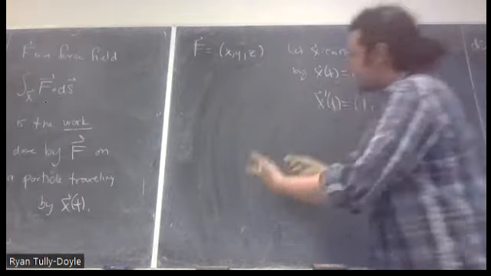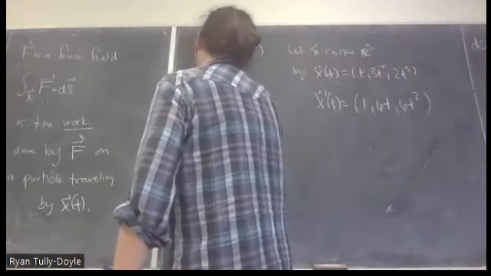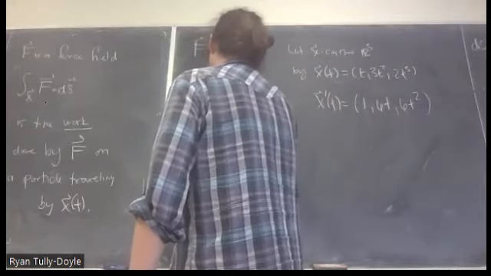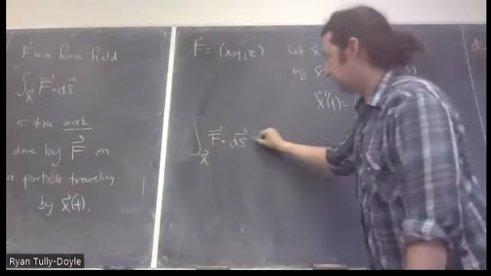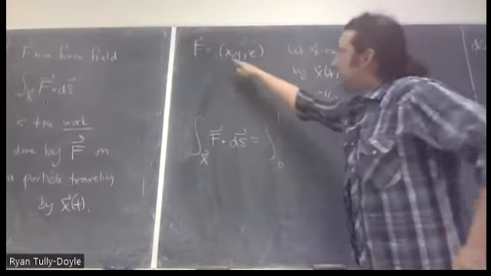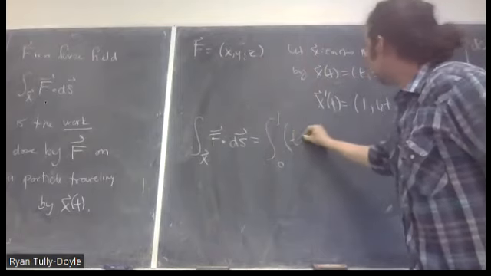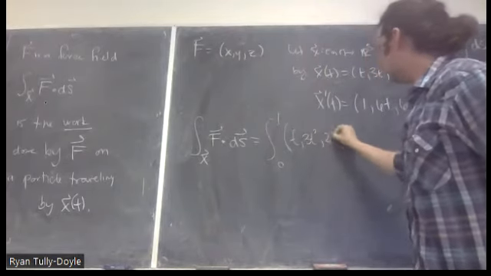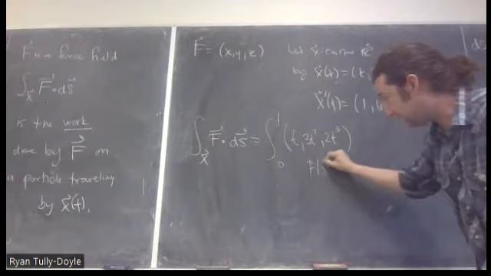So if you want to actually write down the integral of f dot ds in its computable formula, then you write down the integral from 0 to 1 of f composed with x, which is (t, 3t^2, 2t^3), because this is f of x.